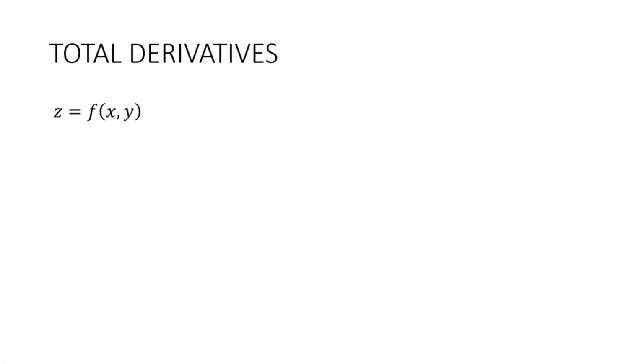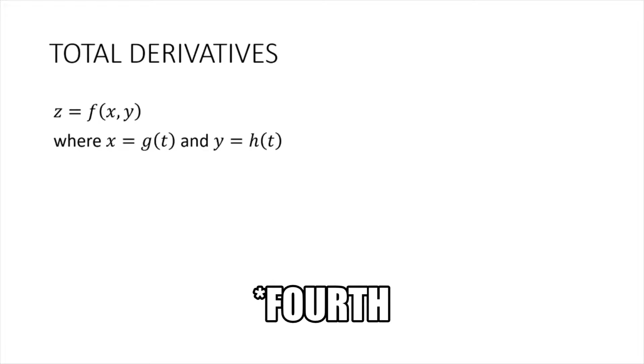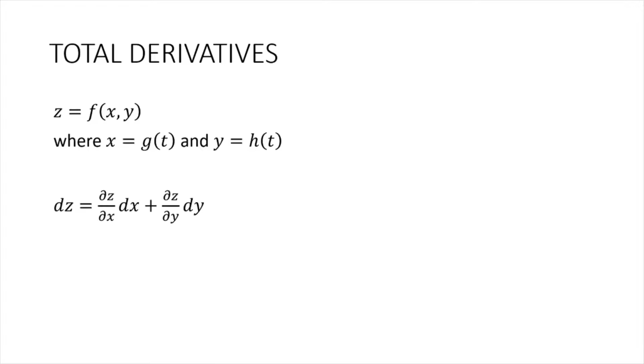Again, let's say we have z as a function of x and y, where in this case we have parametric equations. We can express x and y as functions of some other variable, a third variable, or a parameter, if you will. Okay, in this case t, all right?